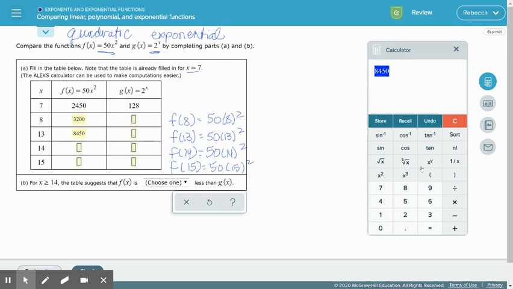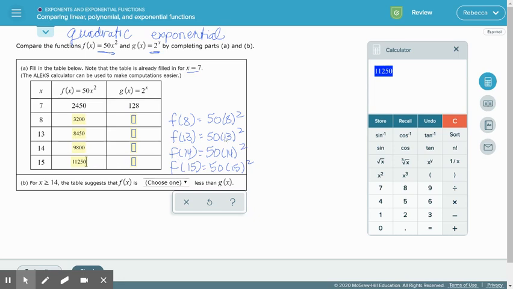And at 14 squared, $9,800. Then we want to do 15 squared. So 50 times 15 squared. 11,250.